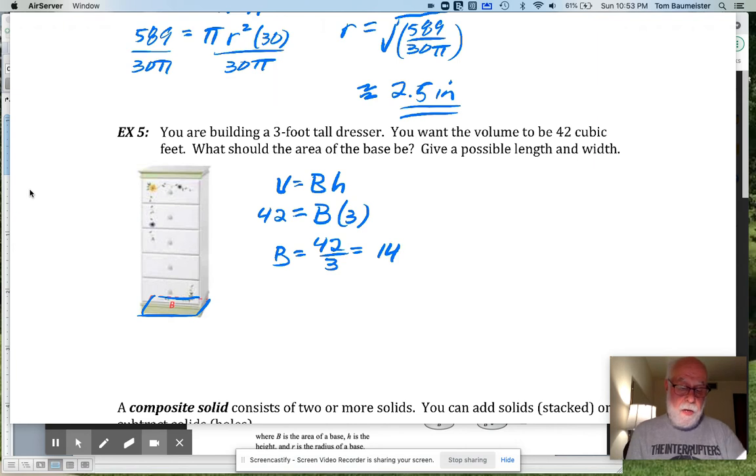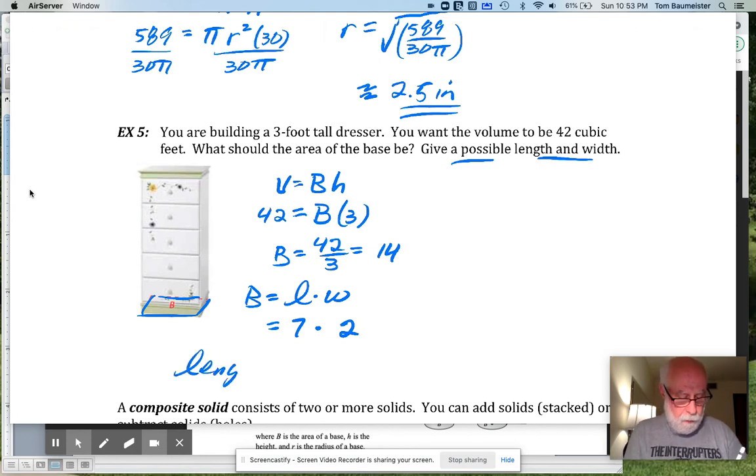So now it's saying give a possible length and width. So remember, our base is going to equal our length times width. So even in your textbook, it has one that's kind of like this. On this one right here, the only one that really makes sense is to make one of them 7 feet and one of them 2 feet, all right? So we could say length of 7 feet and a width of 2 feet.